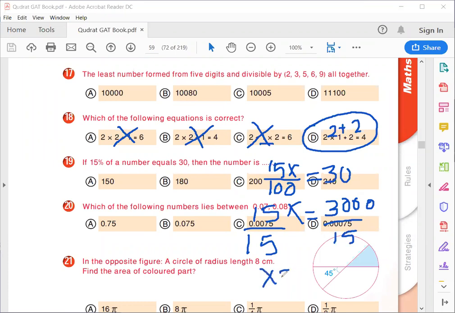So x equals 3,000 divided by 15, which is 200. So the answer is what? It is C. Are you with me, my student? Are you with me?